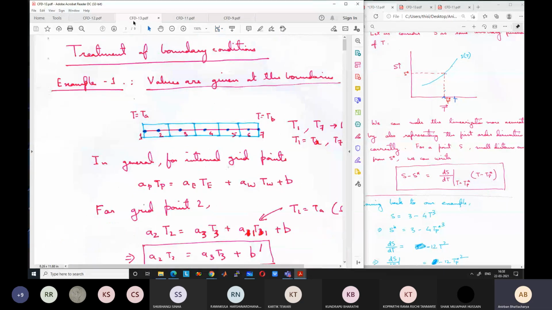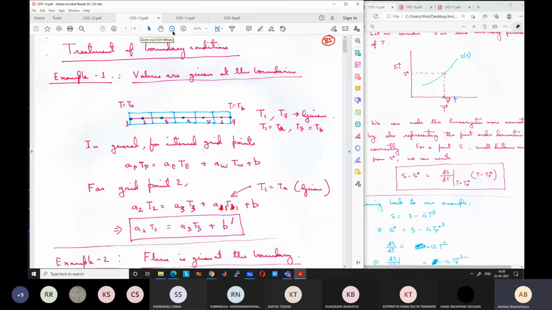So before going into the next part, we also need to discuss briefly the boundary conditions, how to treat the boundary conditions in the equations. Whatever we have discussed till now is valid for the internal grid points. We have assumed that P is a representative grid point, and based on that we found the discretized equation for that grid point.